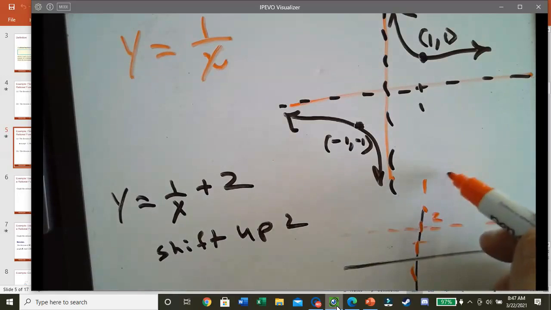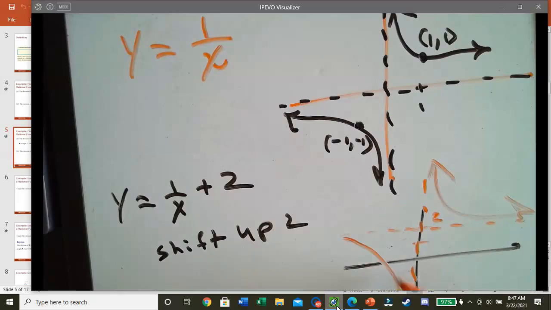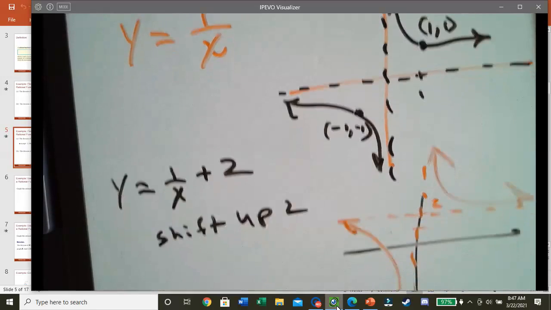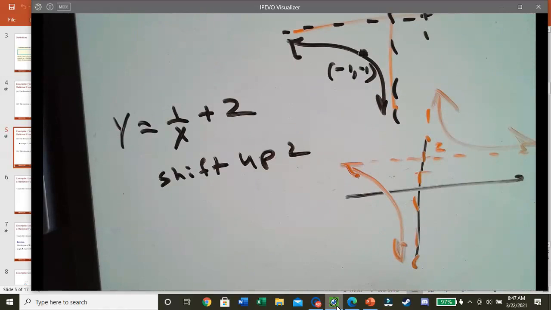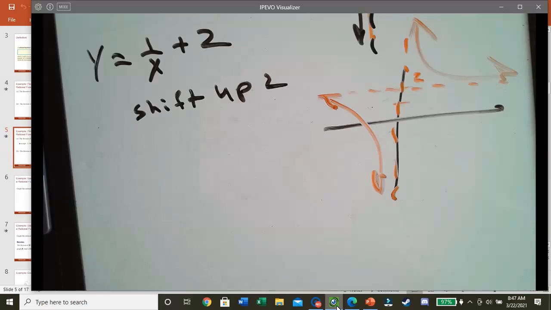Vertical asymptote, that didn't change. So the curves, they just ride along those asymptotes. They just follow wherever those asymptotes go. Okay? Questions? Okay.